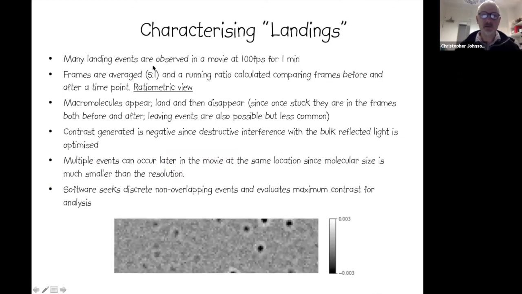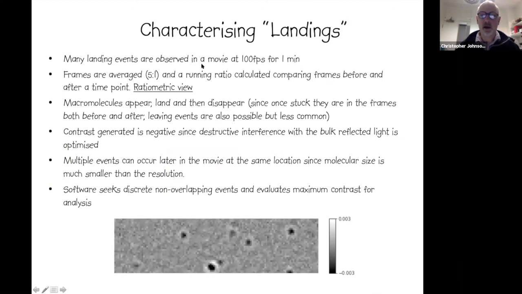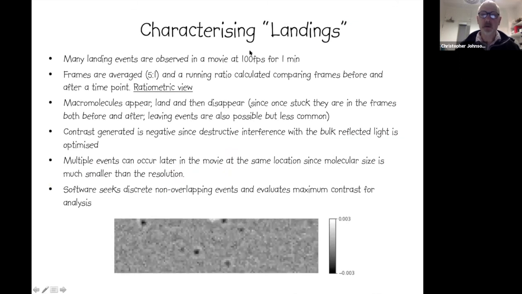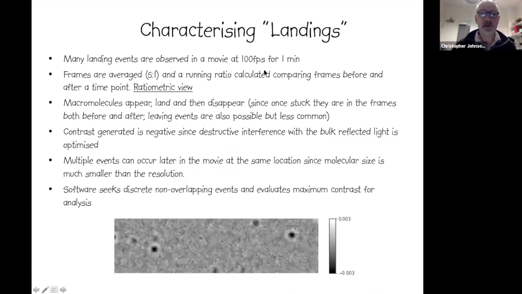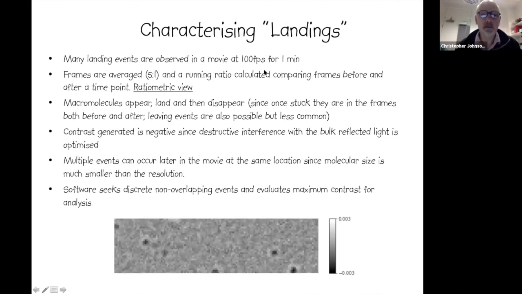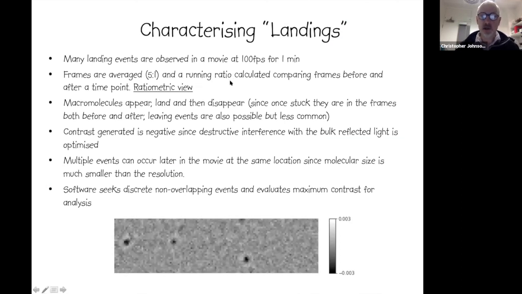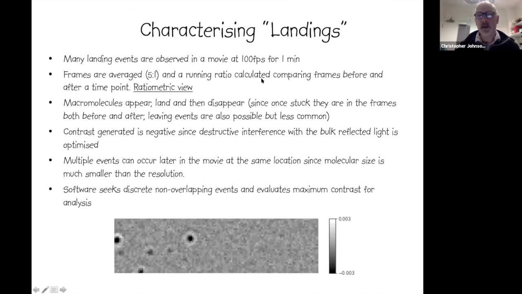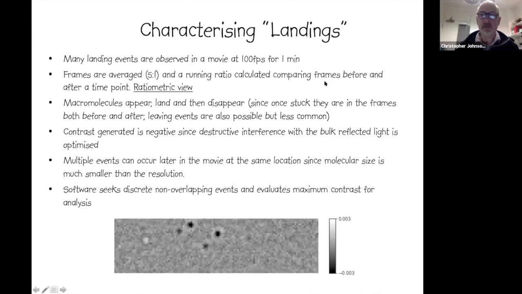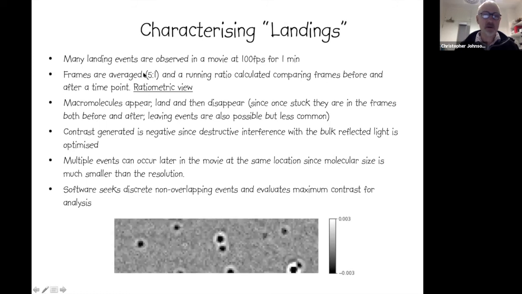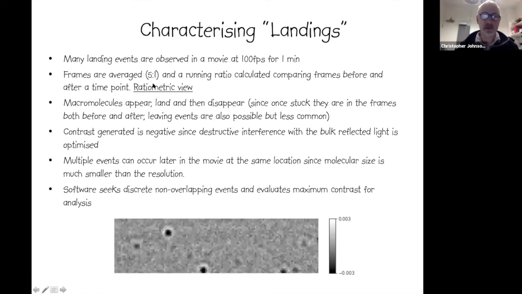So we can observe many landing events in the movie. We're recording at around 100 frames per second for 1 minute. The frames are then averaged, and we generate a running ratio, which is calculated by comparing frames from before some time point to frames after the time point.